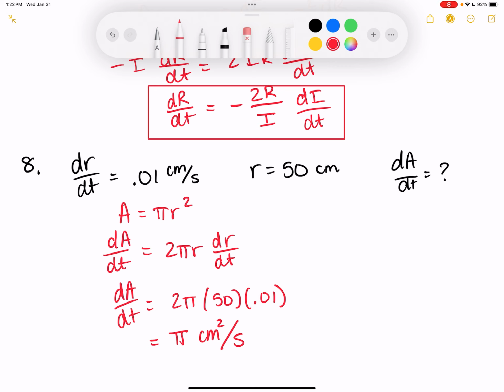That's probably the hardest thing, remembering units, because all related rate problems have to have units. So this is the rate that the area is changing at. It's changing at pi centimeters squared per second.